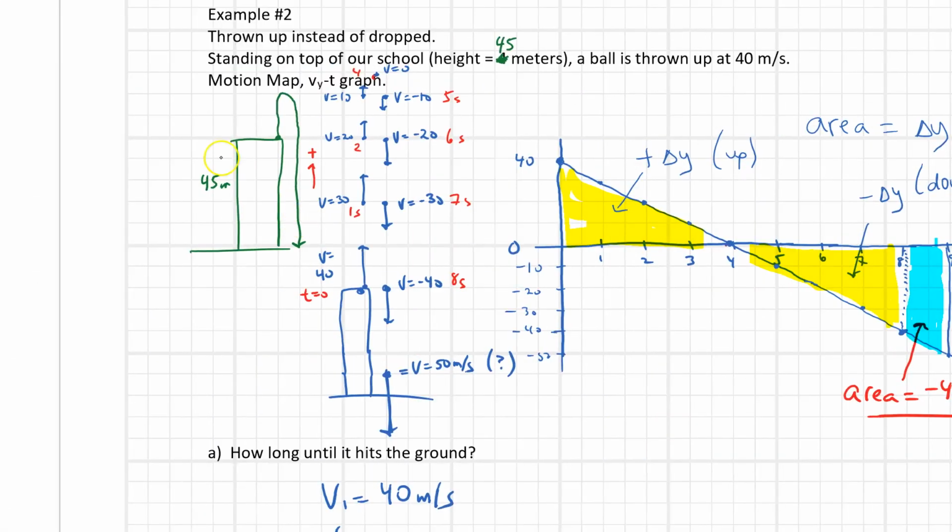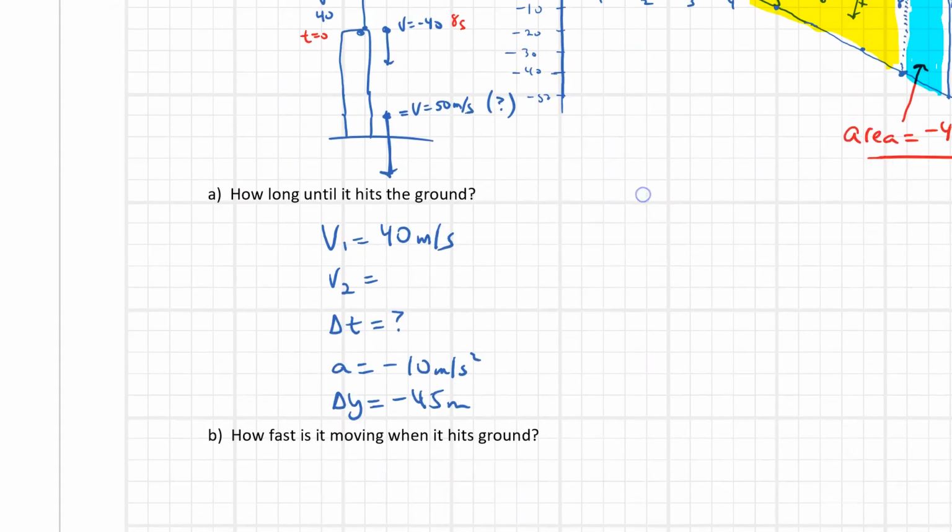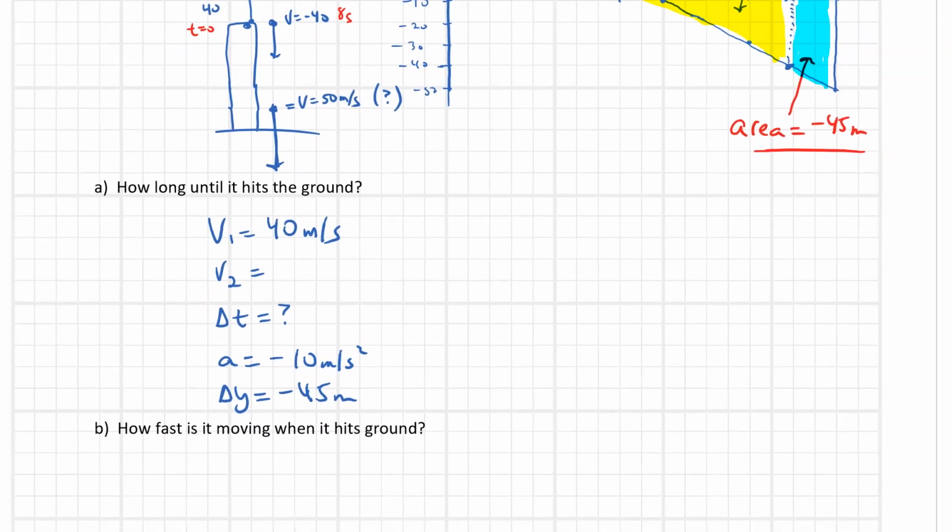like here's our original diagram, we're starting here and we're ending there. So here's our delta y, which is in the downwards or negative direction. So that's why it's a negative 45. We've got to be really careful about those directions. Again, we're going to use equation number 1. So we'll say that delta y is equal to v1 times delta t plus 1/2 a delta t squared.